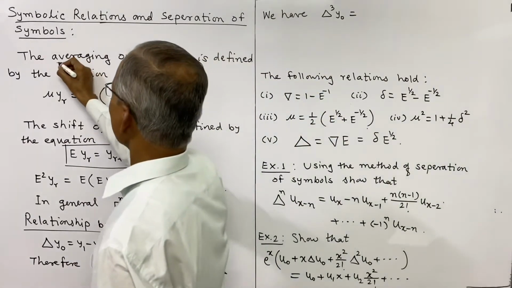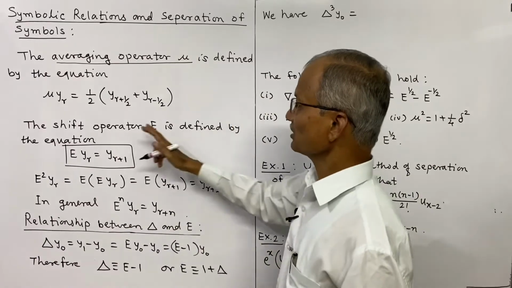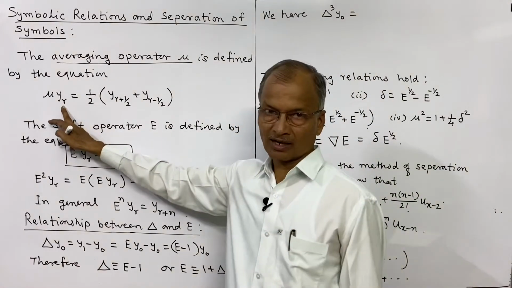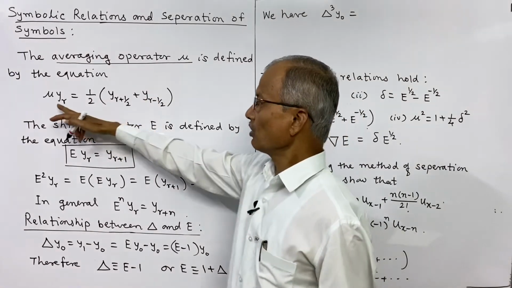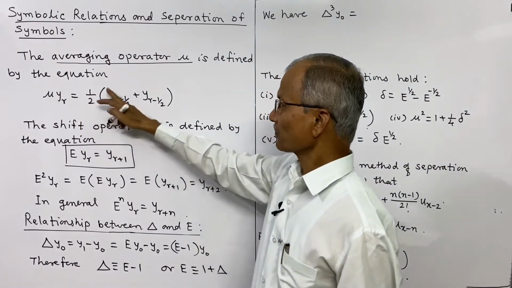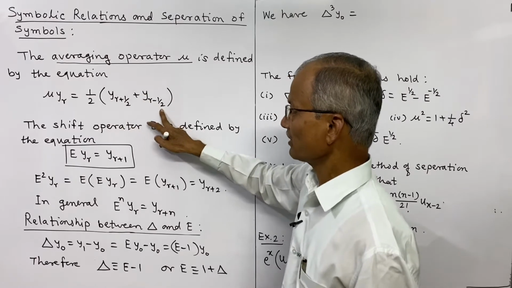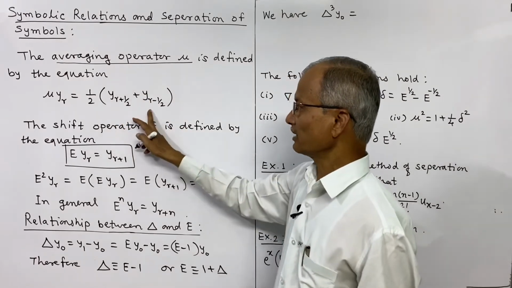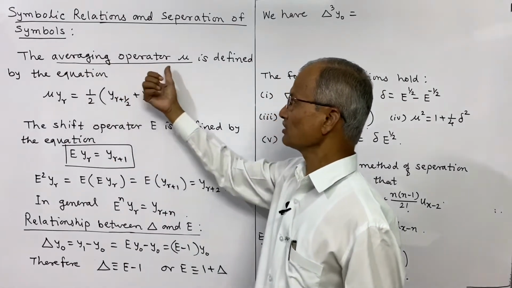So it is the averaging operator, the symbol is mu, and its definition is mu of yr. R may be any value, say from 0 to n, and mu of yr is equal to half of y r plus half plus y r minus half. So these values are added and the average is taken. That's why it is called the averaging operator.